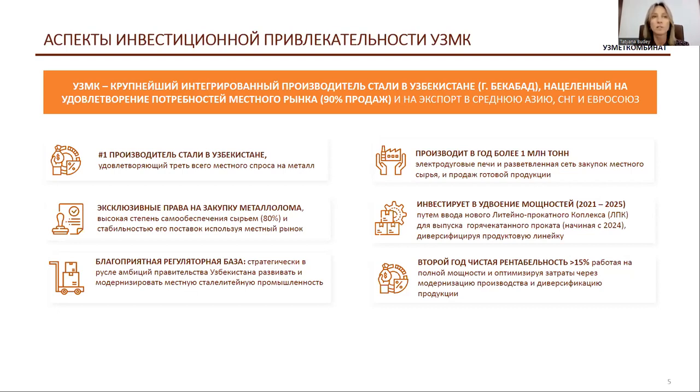Regardless of the large output, which is around 1 million tons per annum, we've been able to satisfy just a third of the growing needs of Uzbekistan for steel in 2022. This makes us optimistic about the sales markets, but also it has helped us start our ambitious CAPEX plan in order to double our production capacity towards the end of 2025 on the back of the cast and rolling complex.